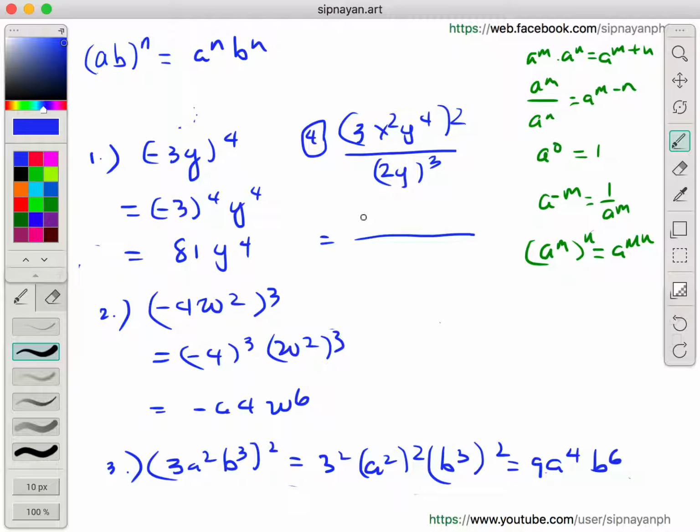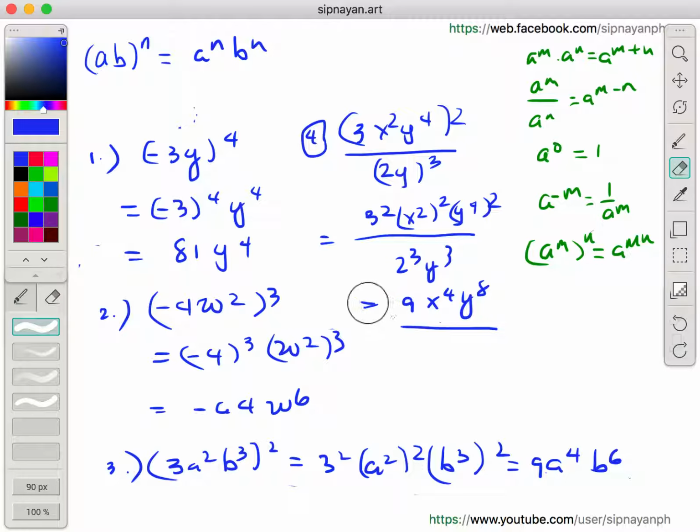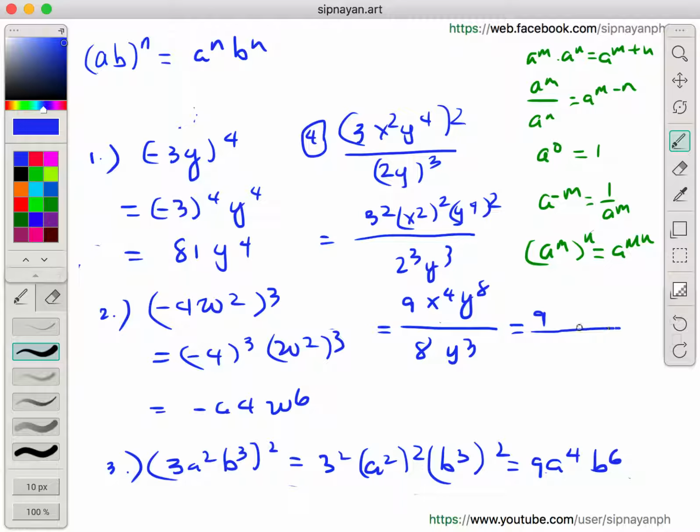So 3 squared, and then x squared squared, and then y to the 4th squared. Tapos ito magiging 2 cubed y cubed. So magiging 9 x to the 4th y to the 8th over 8y cubed. Pwede natin simplify yung y to the 8 saka y cubed. Magiging 9x y to the 8th minus 3.